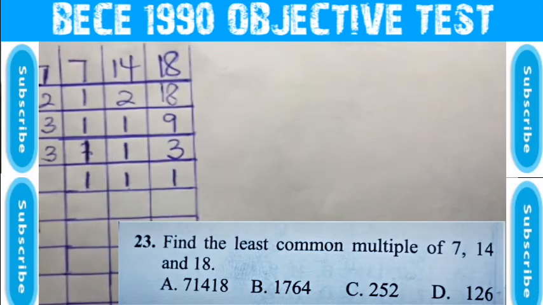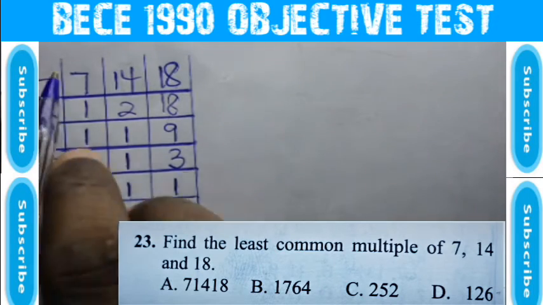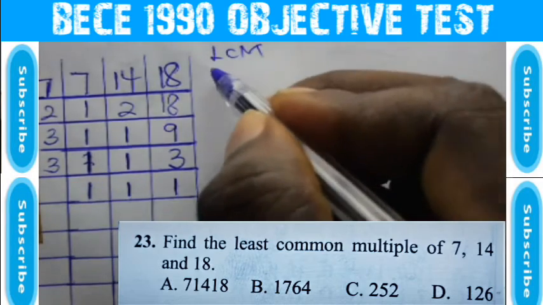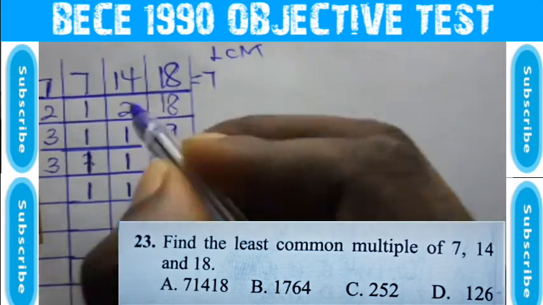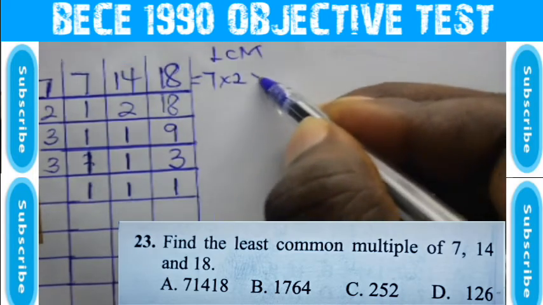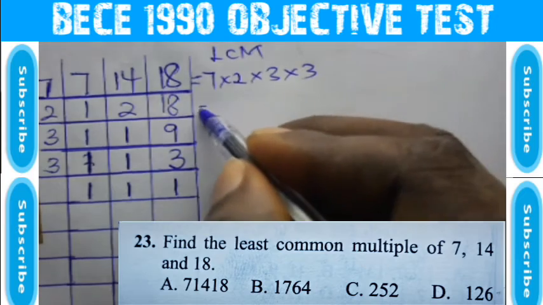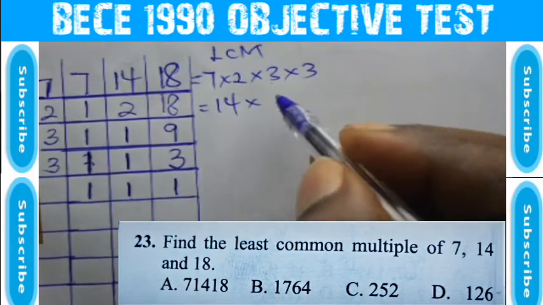All right. For us not to waste time, let's multiply all of them. So the LCM is going to be 7 multiplied by 2 multiplied by 3 multiplied by 3. 7 times 2 will give us 14, multiplied by 3 times 3 will give us 9.